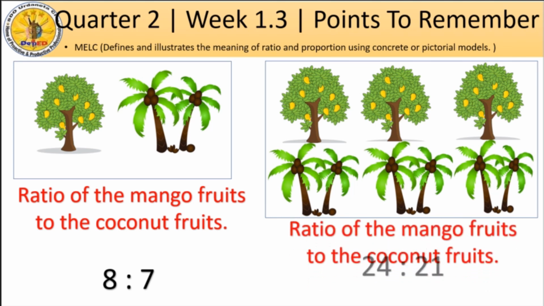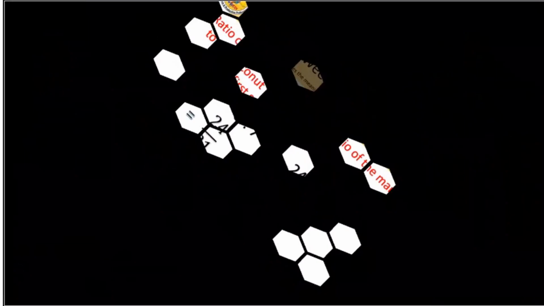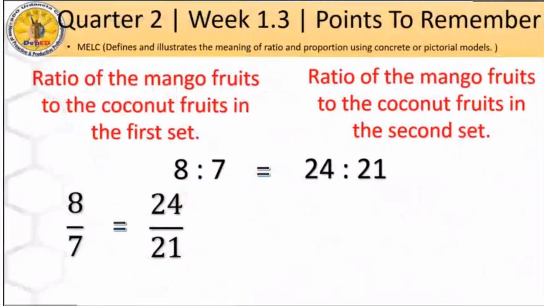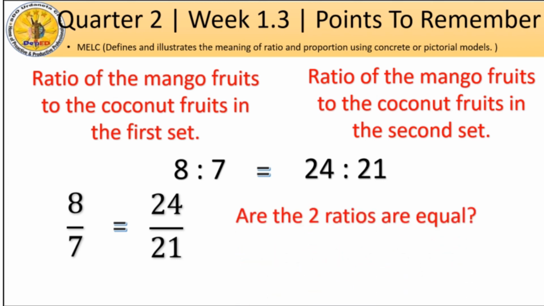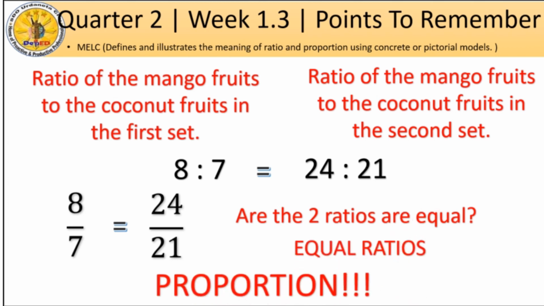It's 24 is to 21. In these two ratios, 8 is to 7 and 24 is to 21, do you think they are equal ratios? You are correct. 8 is to 7 and 24 is to 21 are equal ratios, and they are called proportion.